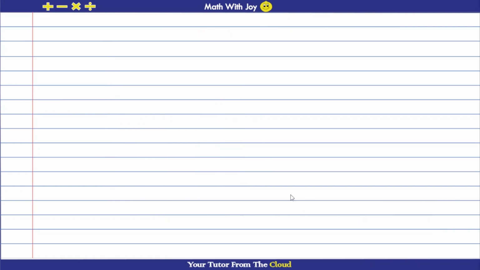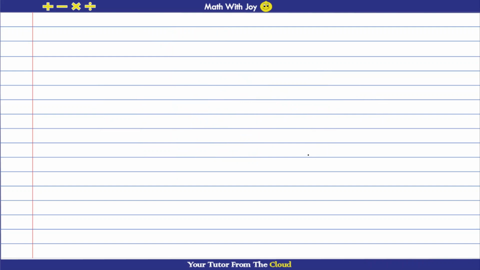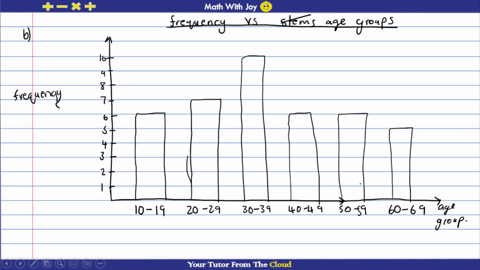And then we have 40 to 49. That's 6, 6, 5. So I'll go 6, and we go again 6, and then we go all the way till 5 now. And that's how you draw this bar graph.